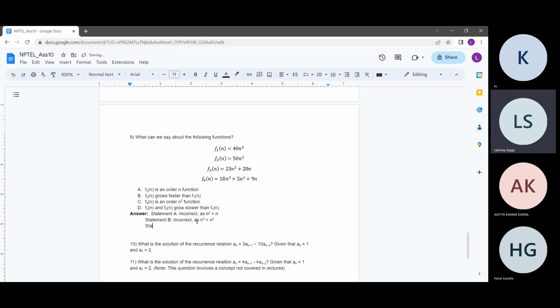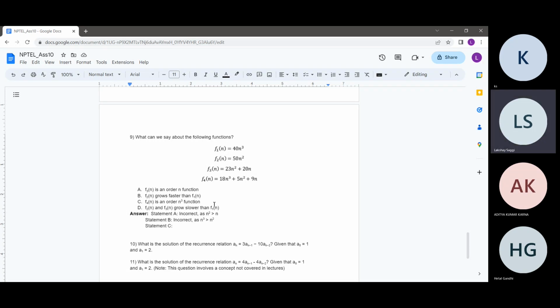Right. Similarly, let's go to statement C. Statement C says f4(n) is an order n cube function. So f4(n) is nothing but 18n cube plus 5n square plus n. The highest exponent here is n cube only, so it is indeed an n cube function.